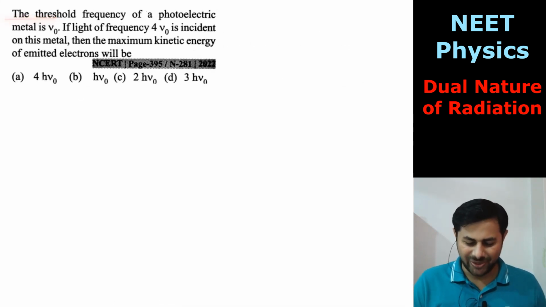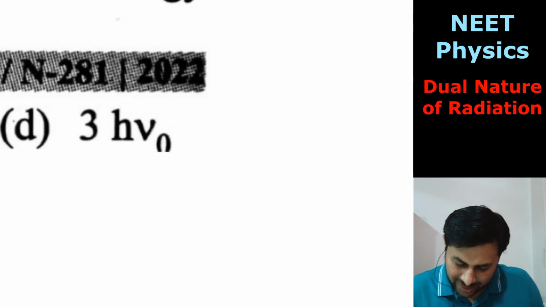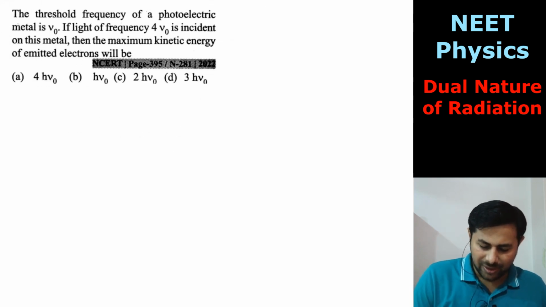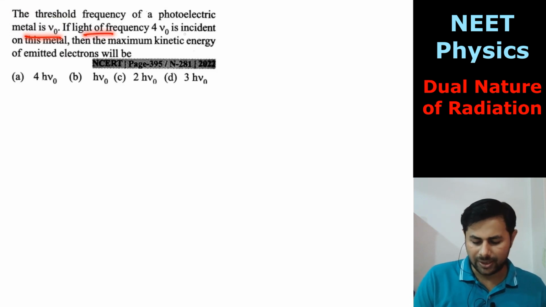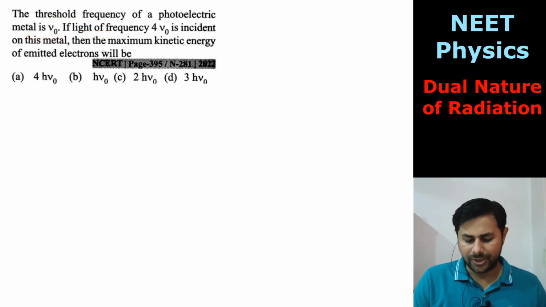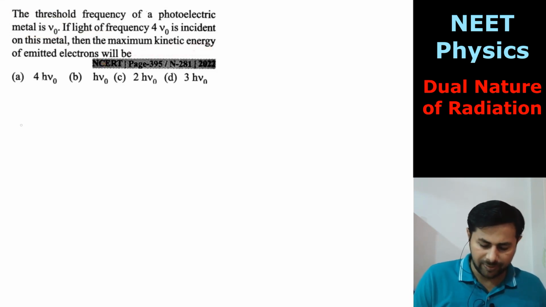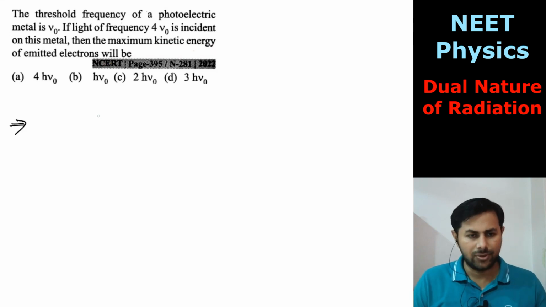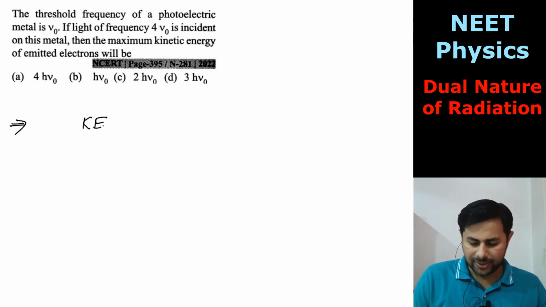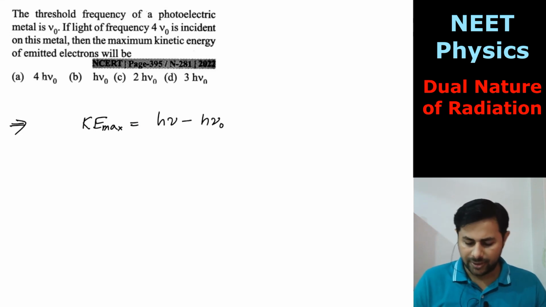The threshold frequency of photosensitive material. This is again from NEET 2022. The threshold frequency of a photosensitive material is nu naught. If light of frequency 4 nu naught is incident on the metal, the maximum kinetic energy of emitted electrons will be. Again, that's very simple. You know the formula. KE max is equal to h nu minus h nu naught, right?